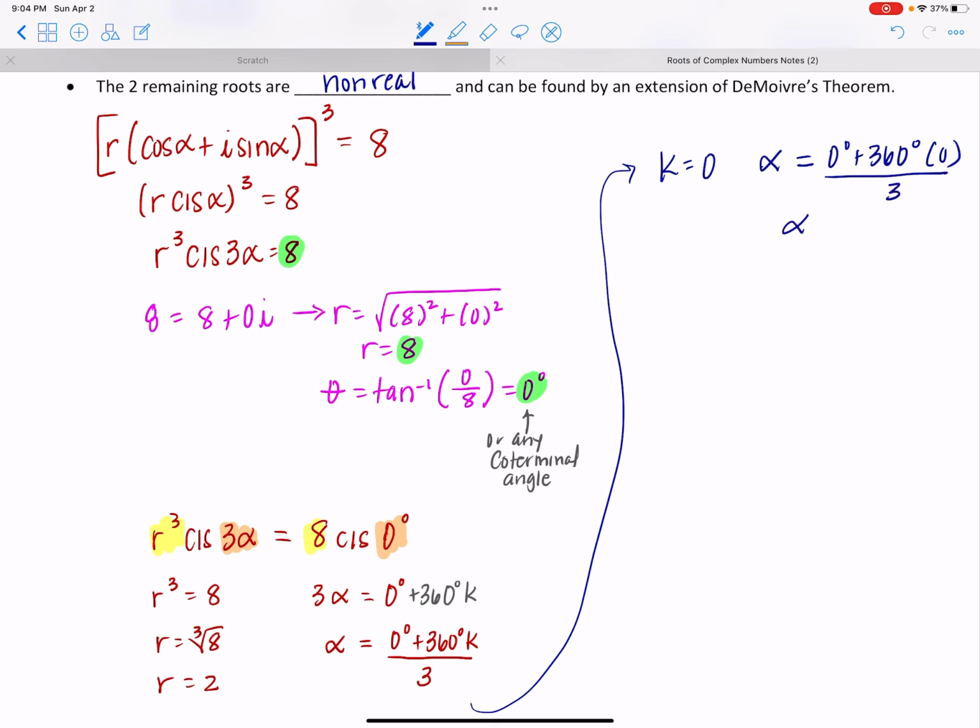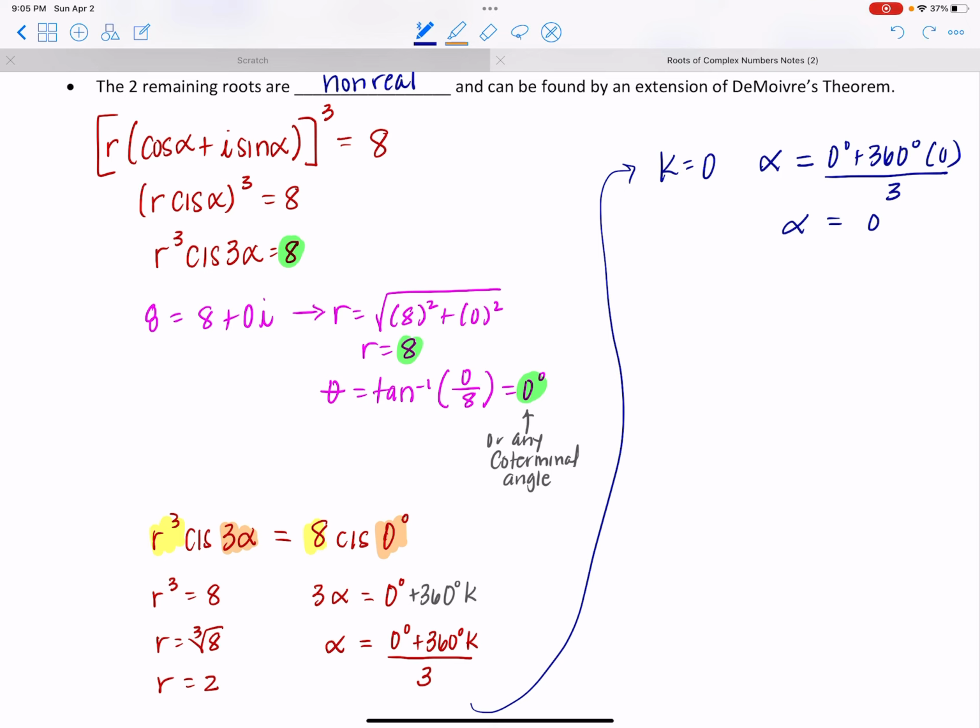So one option for my angle is just 0, right? We got 0 on top of everything there. 360 times 0 is still 0. 0 divided by 3 is still 0. Okay? So one option for one of my solutions is I have a radius of 2 and an angle of 0. Right? Remember my complex solution in this form.